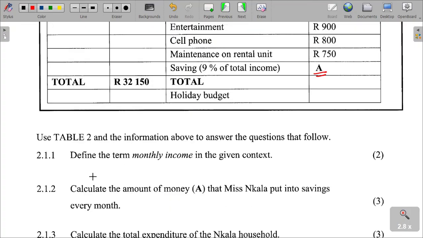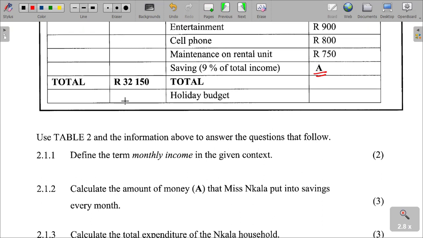The next question says use Table 2 and the information above to answer the questions that follow. The first question says define the term monthly income in the given context. What is monthly income?